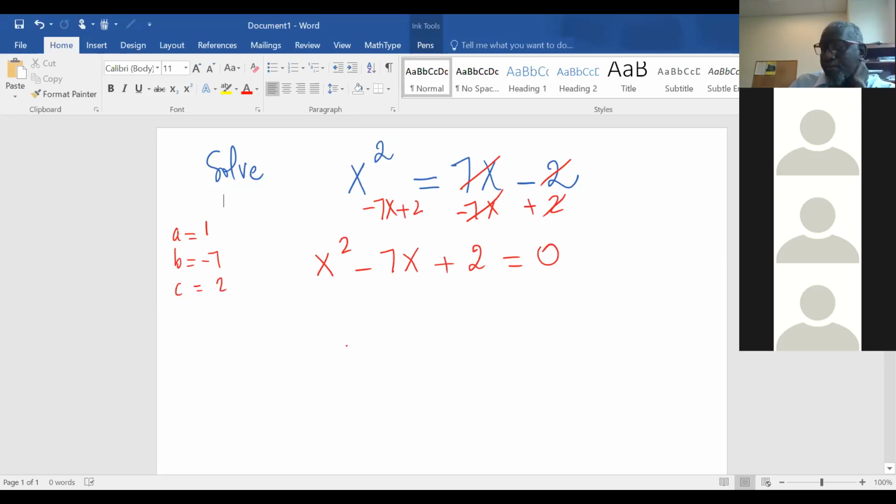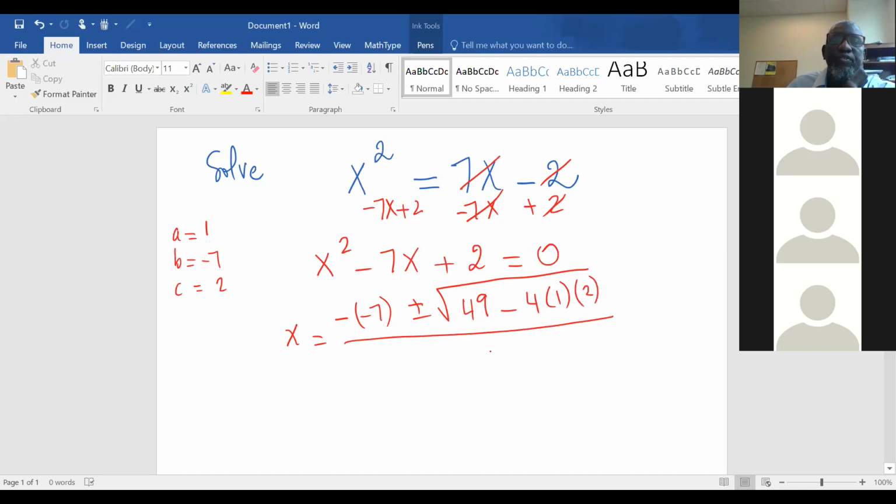By now, has everybody memorized the quadratic formula? x equals what? Negative b, which is 7, plus or minus the square root of -7 squared, which is 49, minus 4 times 1 times 2, all over 2 times 1. So x equals 7 plus or minus the square root of 41, divided by 2.